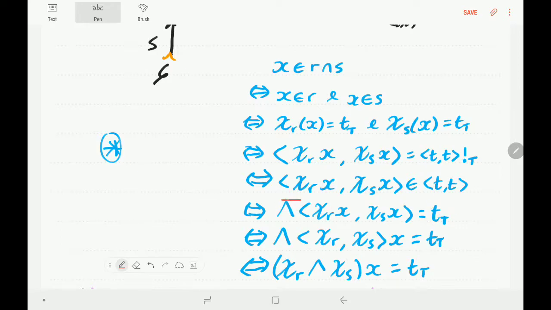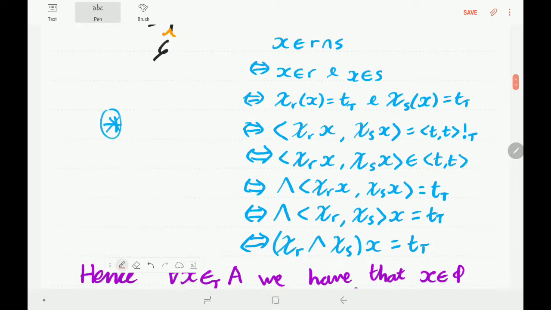That's because and is the classifying arrow of T comma T. And then just rearranging a bit, we can write this as chi of R and chi of S of X is true.